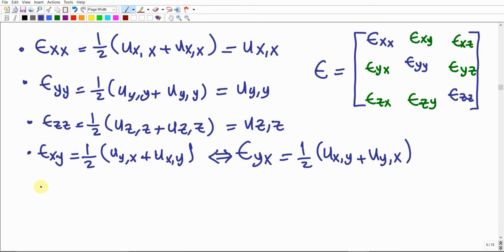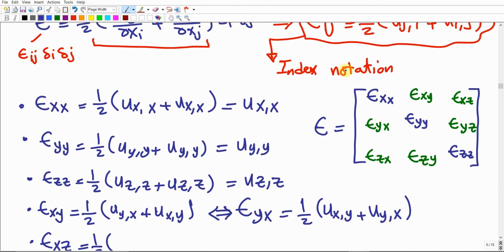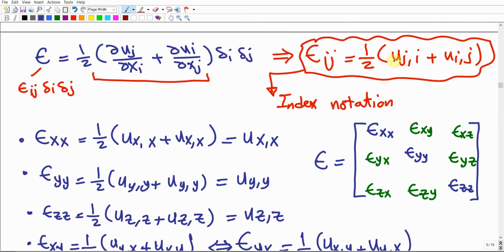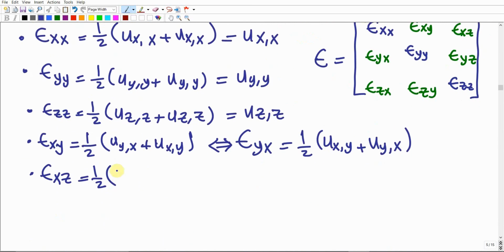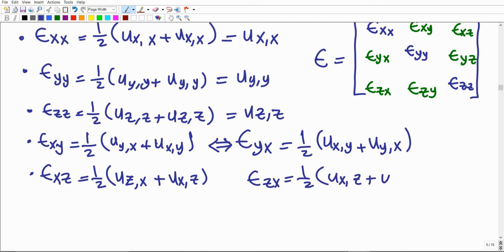Also, if we carry on and just continue for epsilon, for example, xz, it's going to be 1 over 2. Now, xz means that i is x, j is z. So we're going to end up with uz comma x plus ux comma z. And if we try the epsilon zx, it will be 1 over 2 ux comma z plus uz comma x, which should be the same.